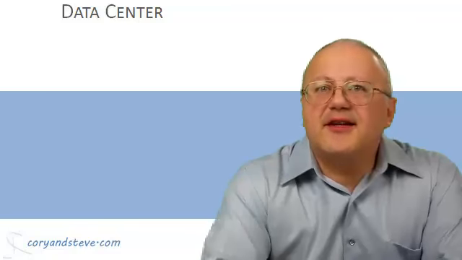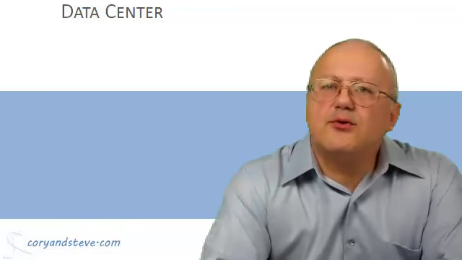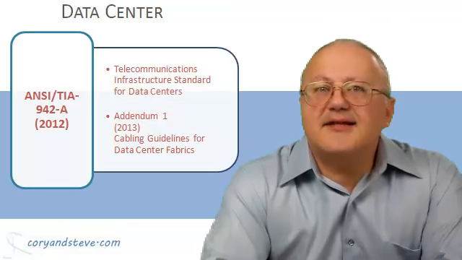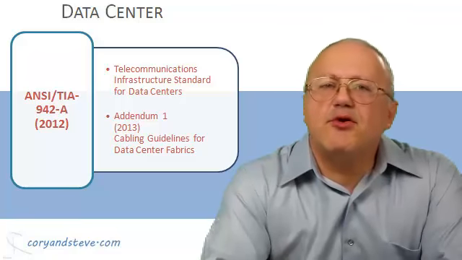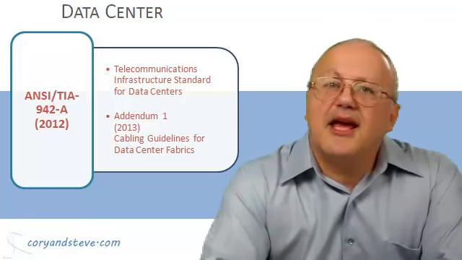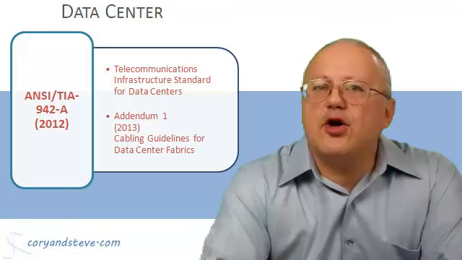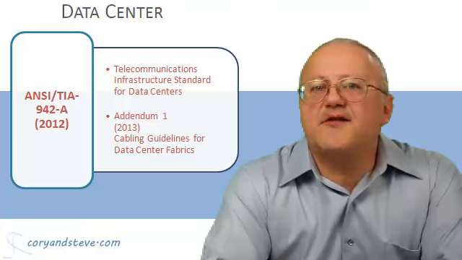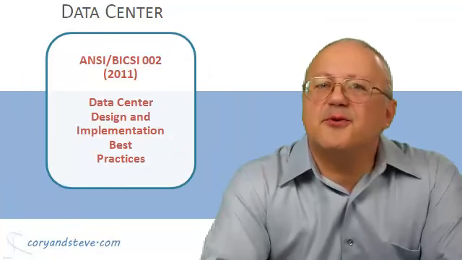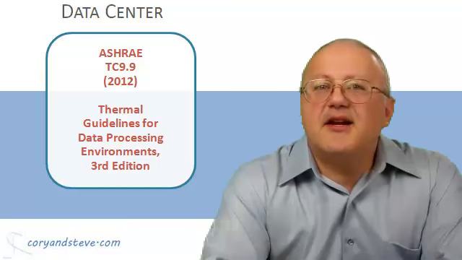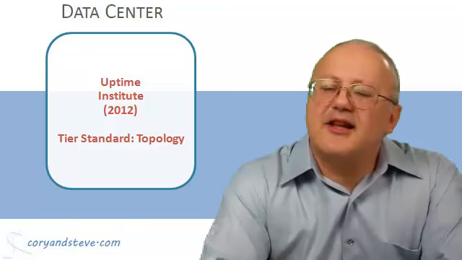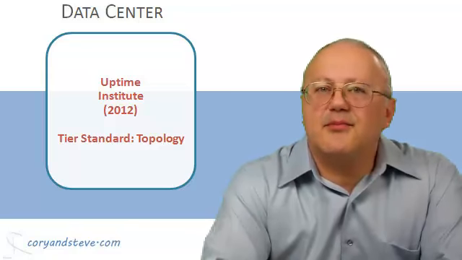The last grouping is for the data center building type, which merits a closer look because of its influence within the structured cabling market. The data center infrastructure standards world is a bit more diverse than the TIA-only specifications described up to now. In addition to the TIA 942A document and its addendum on cabling guidelines for fabric switching, we have the very comprehensive BICSI 002 standard, the updated ASHRAE guidelines for thermal management, and the 4 availability tier classifications from the Uptime Institute.